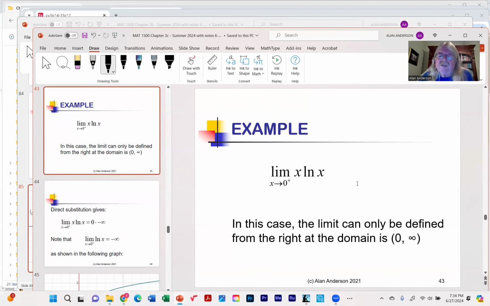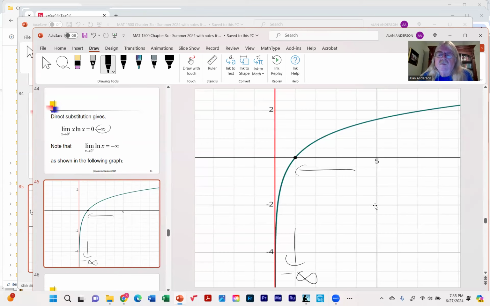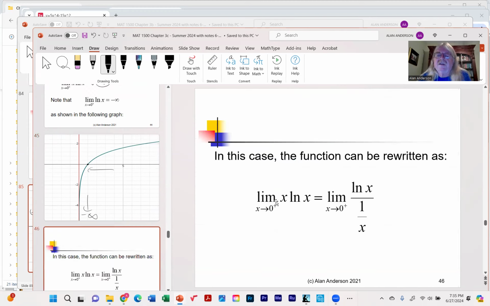The unfortunate thing, though, is that direct substitution is going to give us 0 times negative infinity, not what we were hoping for. And by the way, it's negative infinity here because we're approaching from the right, and you can see that the function is going down to negative infinity.